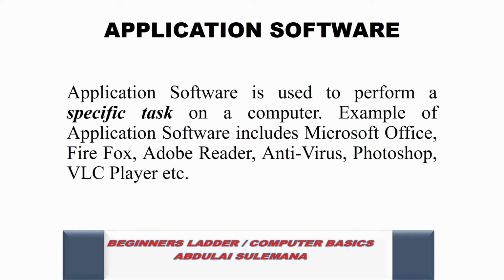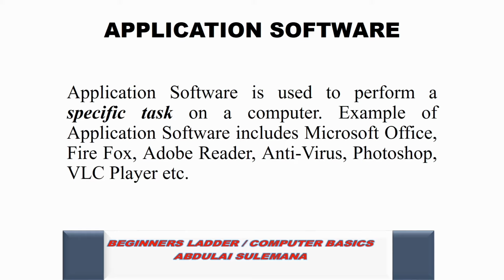But with the support of system software, you can run different application software. So it is telling us that without the system software, the computer will not even come to life. It will not come on. But once it is on, then we decide whichever application software to use.